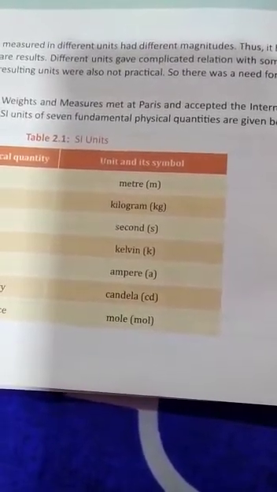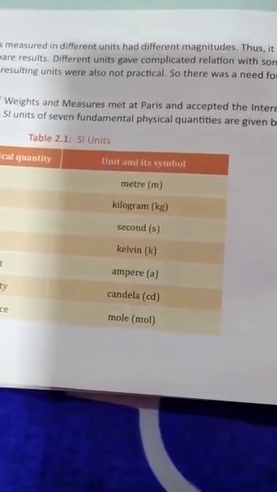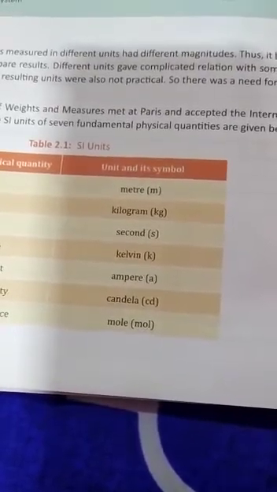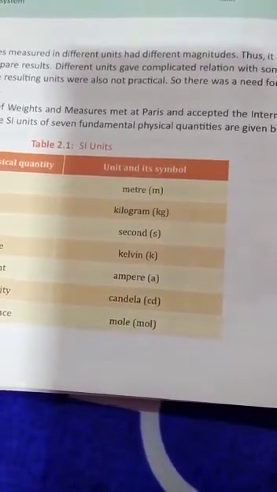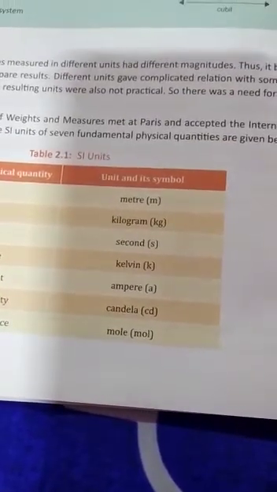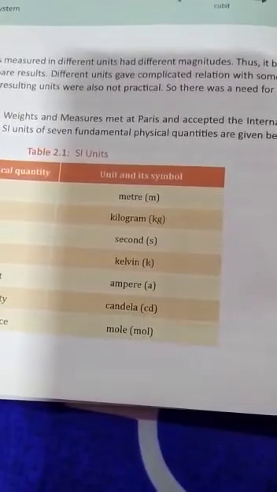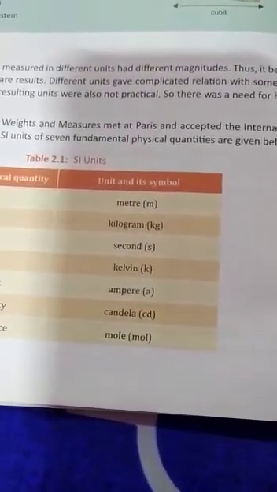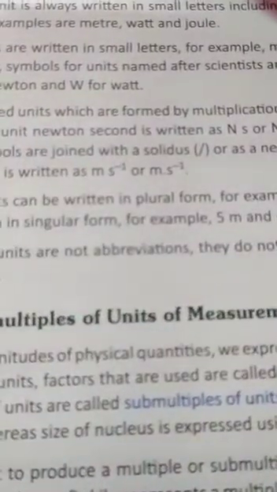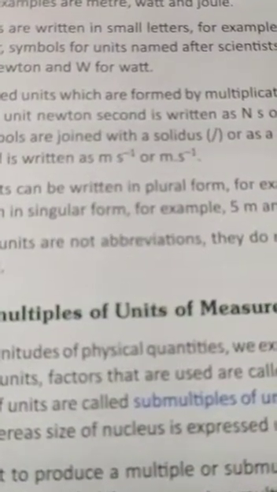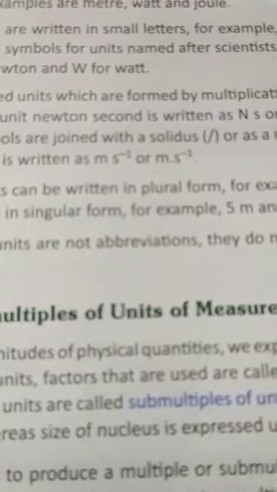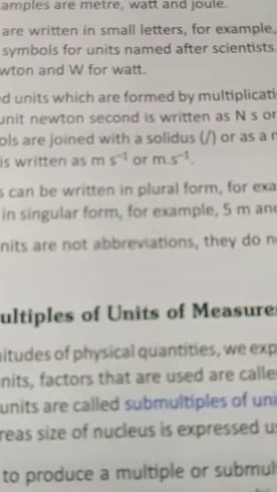In case of derived units formed by division, the symbols are joined with a bar or a negative exponent. For example, the unit meter per second we write as m/s, or m·s to the power minus 1.